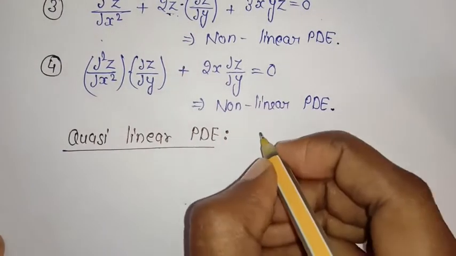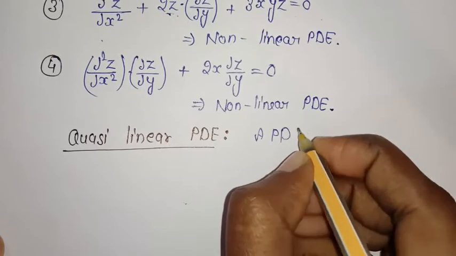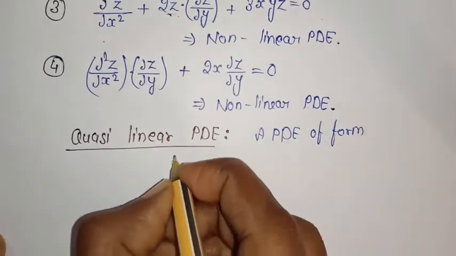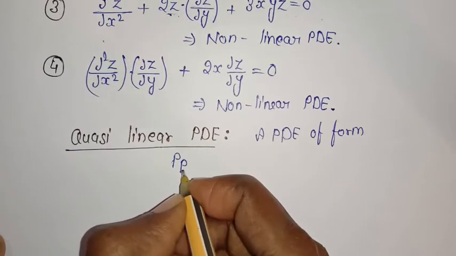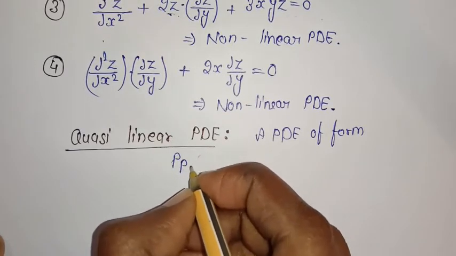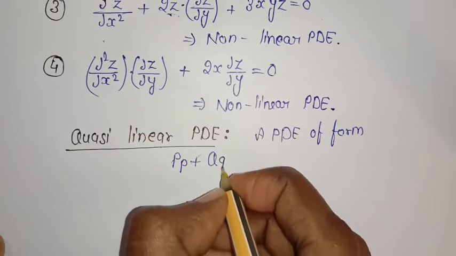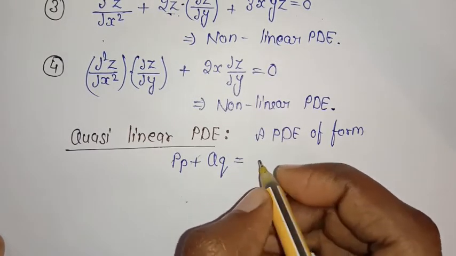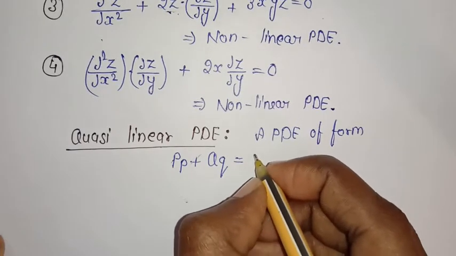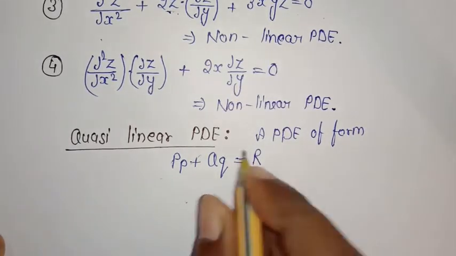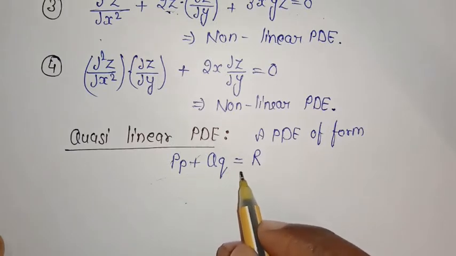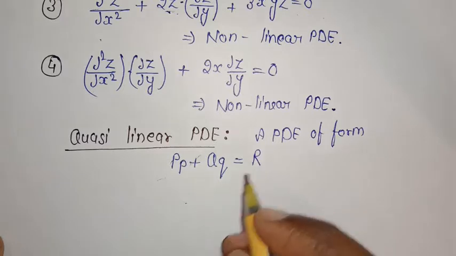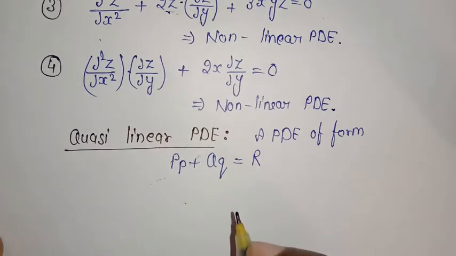A PDE of the form Pp + Qq = R, where small p represents ∂z/∂x and small q represents ∂z/∂y, that is, the partial derivative of the dependent variable with respect to y. If the differential equation is given in this form, where P, Q, R are functions of x, y, z, we call it a quasi-linear partial differential equation.